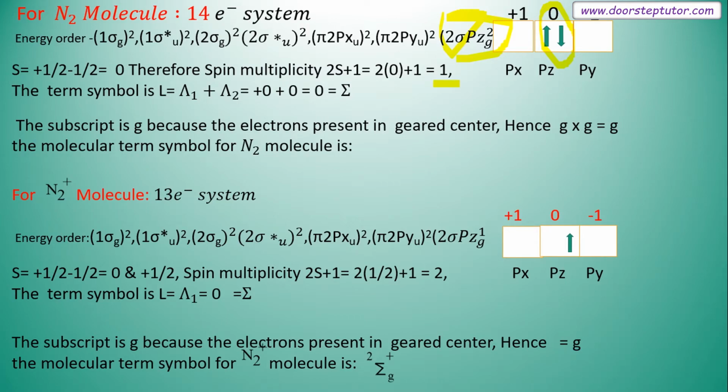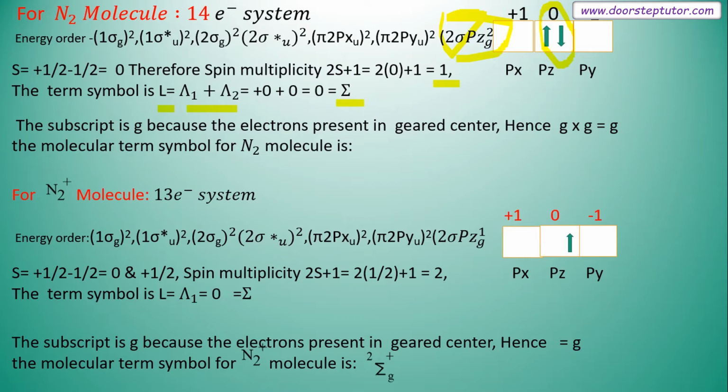Clear, students? So the term symbol for this N2 molecule: L is equal to lambda 1 plus lambda 2. Here we have electrons only in the pz orbital, so L is 0. L equal to 0 means the lambda value is 0, which represents sigma.